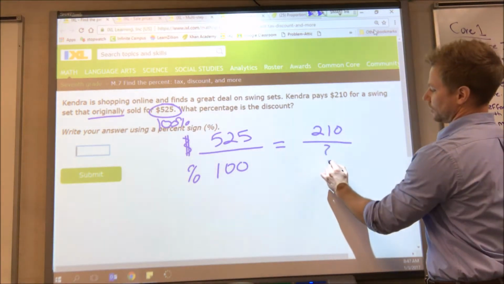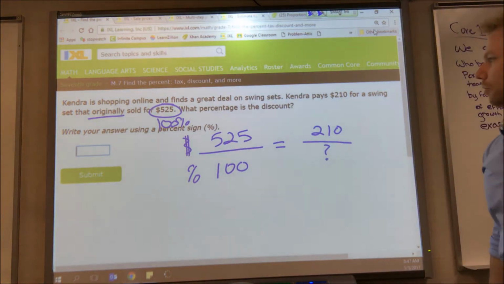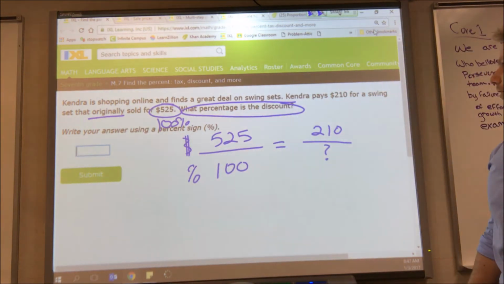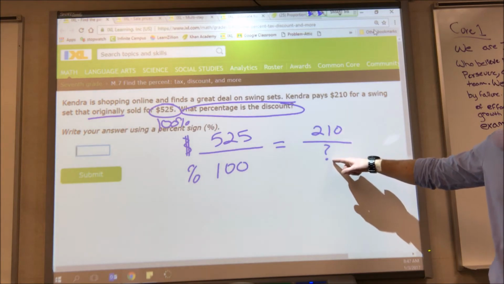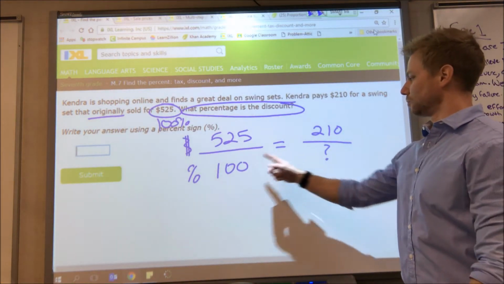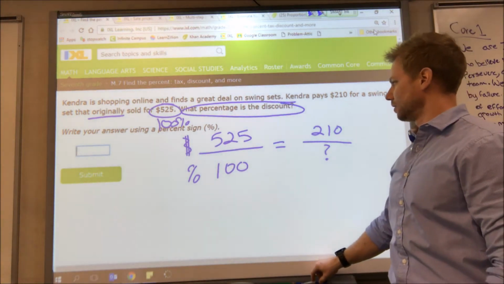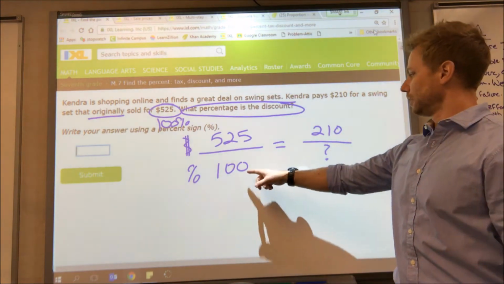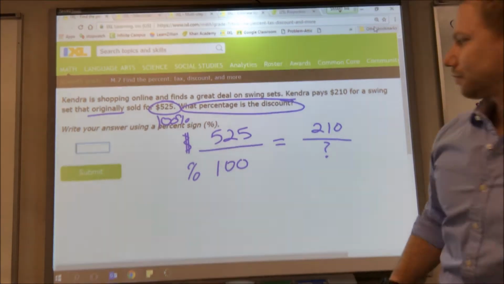What percentage is that? Now we're asking for what percentage is the discount. Okay, so this is how much she pays. That percentage is going to be the percent that she pays. So we'll have to subtract to figure out what percent the discount is. Okay, so we cross multiply, divide, multiply 210 by 100.